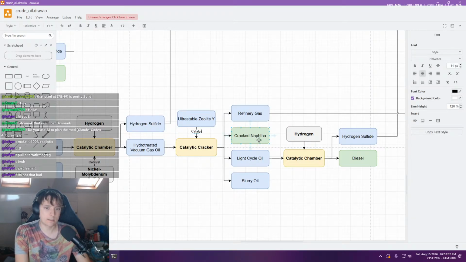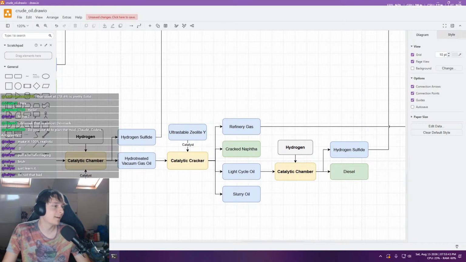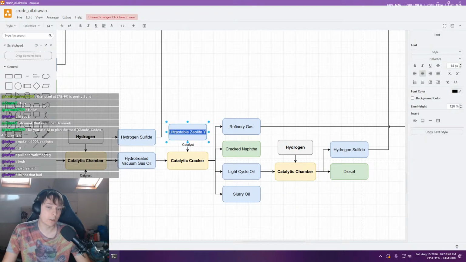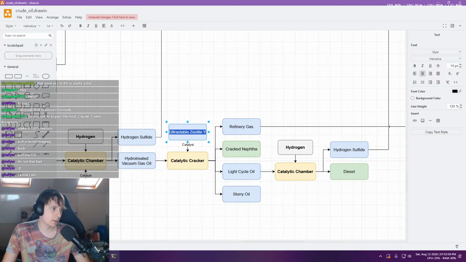Catalyst, there you go. Just learn it. It's not that bad. You're insane. You're actually insane. If you think I'm going to be able to learn the difference between an ultra stable zeolite Y catalyst and an ammonium zeolite Y catalyst, or a sodium zeolite Y catalyst, or a kaolin catalyst, then you're crazy.